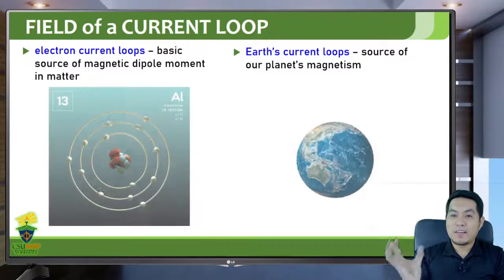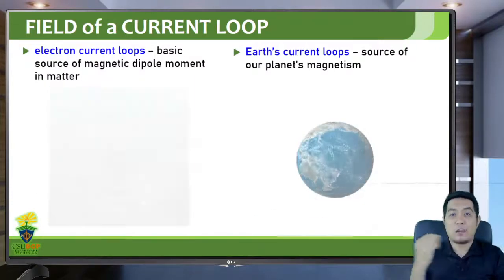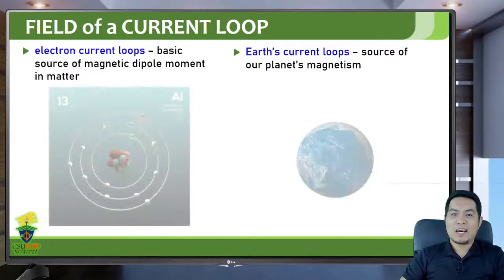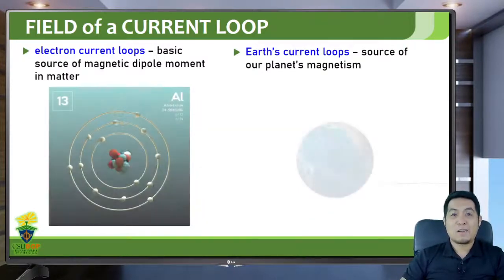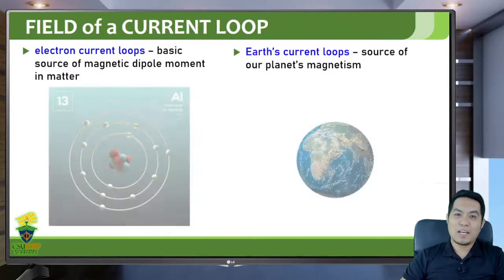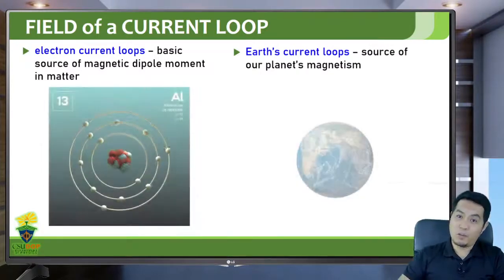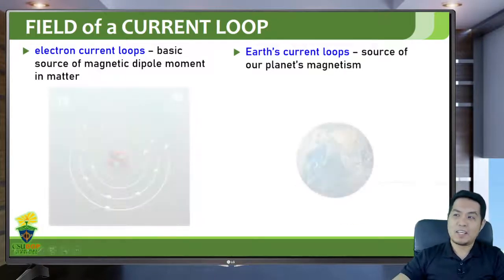Since the Earth is rotating, these ions go with the rotation of the Earth, and they form the current loop. This is what creates our planet's magnetism. So ions rotating because the Earth is rotating form current, essentially generating the magnetic field of the Earth.